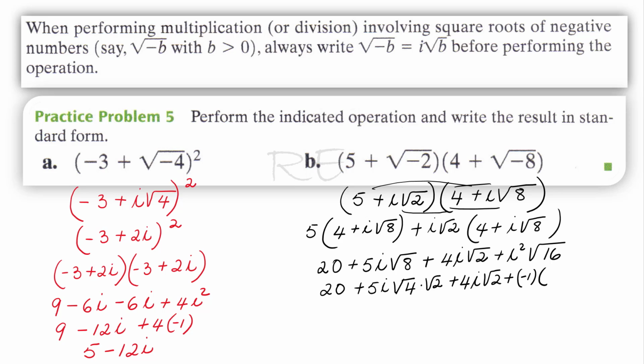Square root of 16 is 4. Negative 1 times 4. 20 minus 4 is 16. Square root of 4 is 2. 2 times 5 is 10, so 10i square root of 2 plus 4i square root of 2. So we have 16, and 10 plus 4 is 14, so 14i square root of 2.